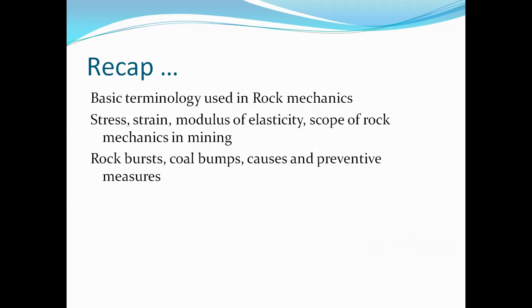And apart from these basic terminology, we also discussed rock bursts and coal bumps. What are the various causes of rock bursts and coal bumps, and what preventive measures we need to take to avoid rock bursts and coal bumps. So hope you understand all these topics. If you are not following, please refer to my earlier videos. Okay, let me continue.